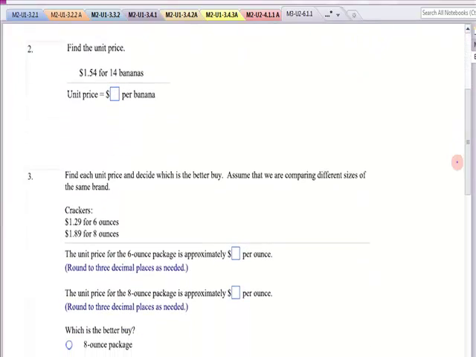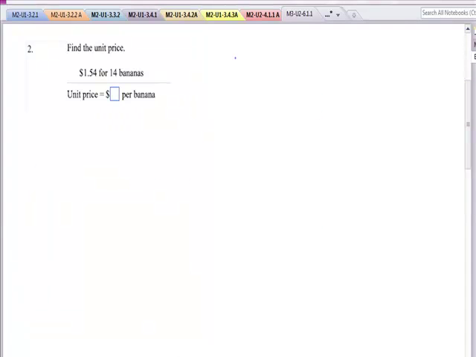All right, let's look at this second one. I will pay $1.54 for 14 bananas. So I'm looking for the cost per banana.